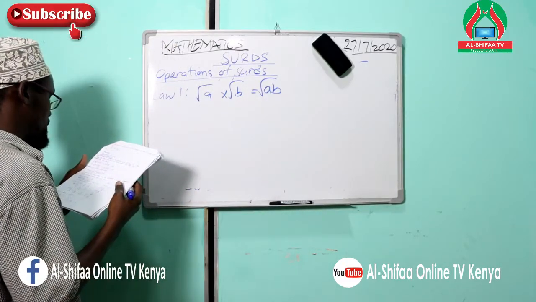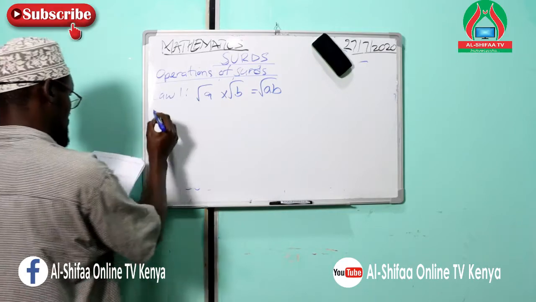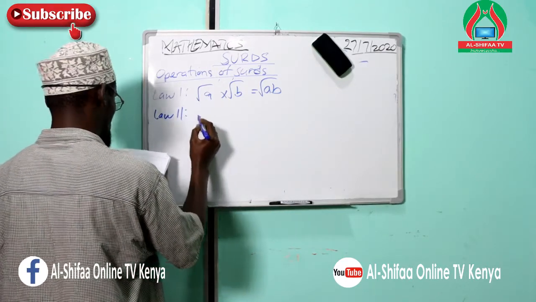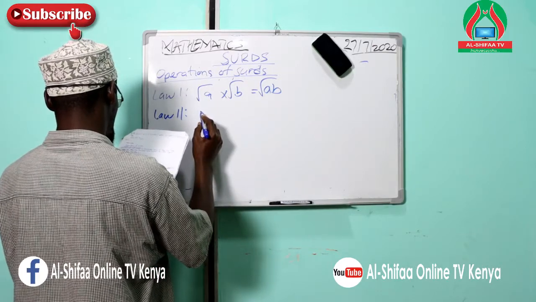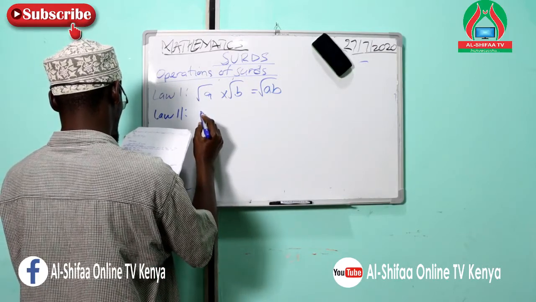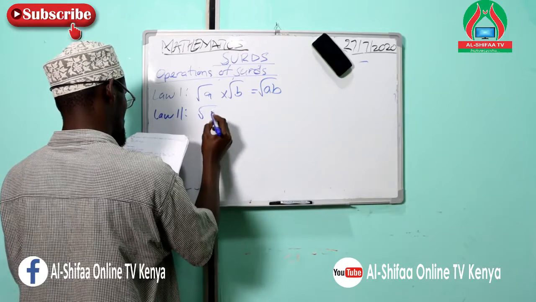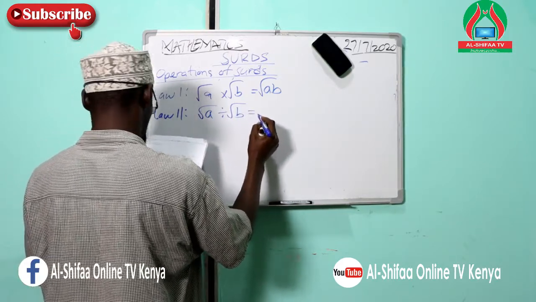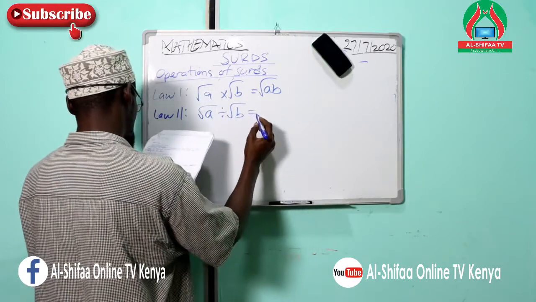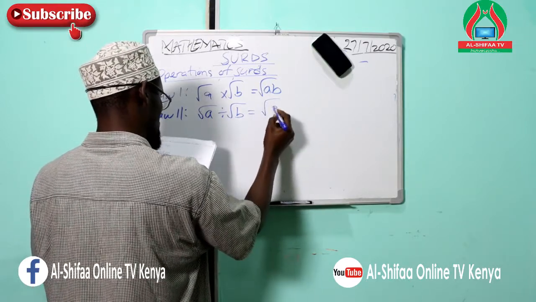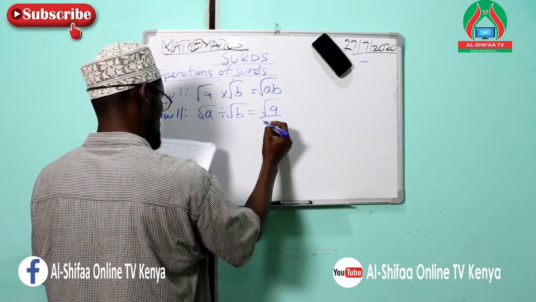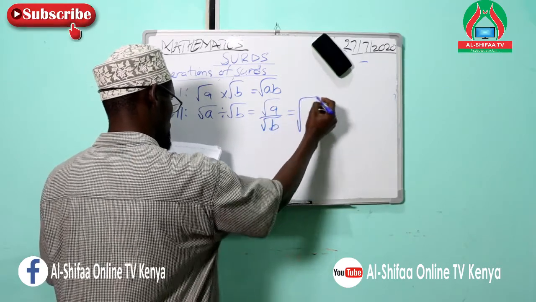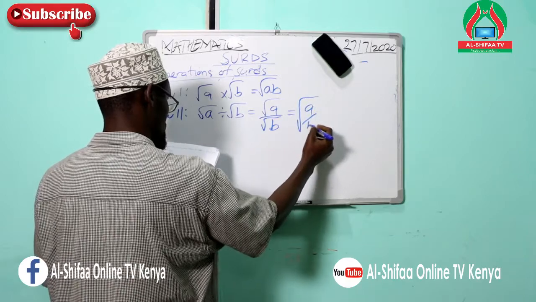Then law 2, we have that root A divided by root B is equal to root A over root B, which equals the root of A over B.